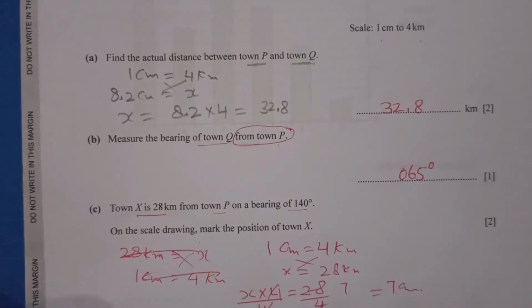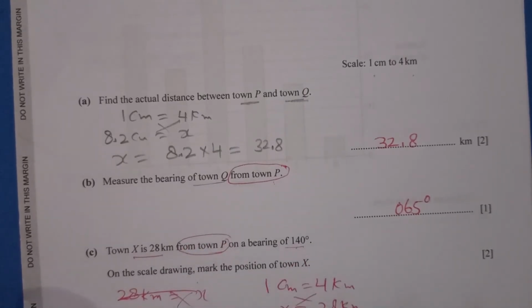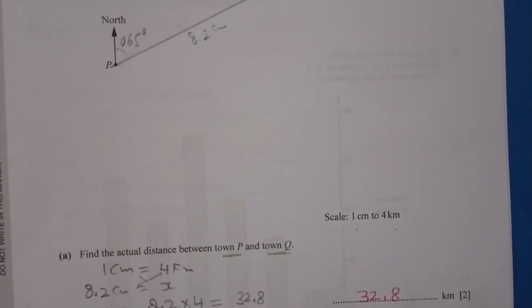But where do we mark it from? From P, he said, on a bearing of 140. So from P we need an angle of 140 degrees, right? So let's start from here. You see this 10, 20, 30, like here it will be 140.